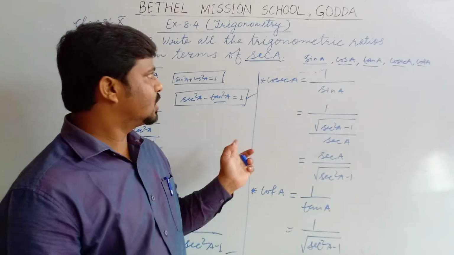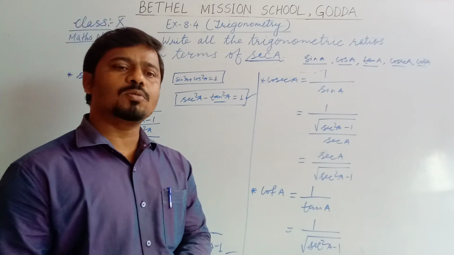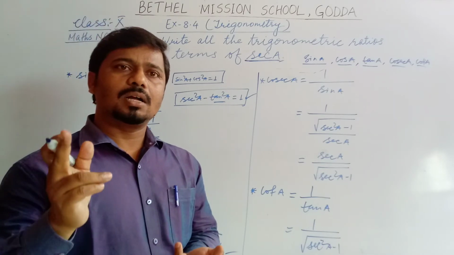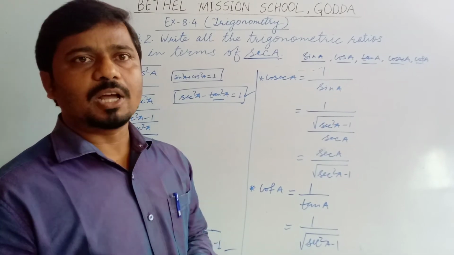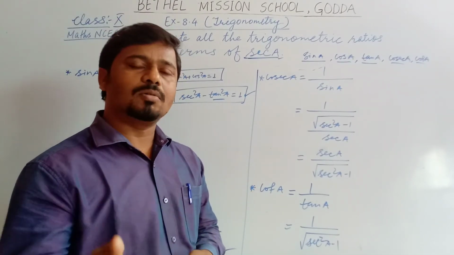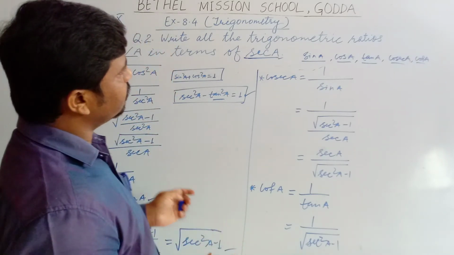So by using these identities you can do it, and you need to learn all the algebraic identities as well as trigonometric identities, because without these identities you cannot go any further when you solve. So must remember.